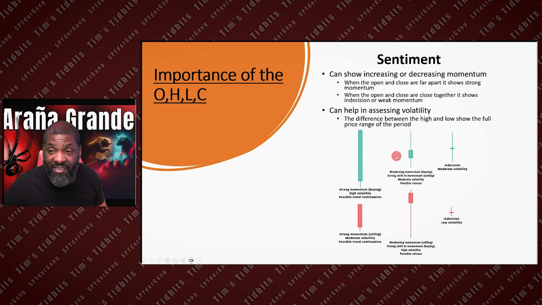Now, looking at a candle like this right here, the next one over, the little green one in the top middle. This type of candle is showing weakening momentum on the buying side and then a strong shift in momentum on the selling side. Why?